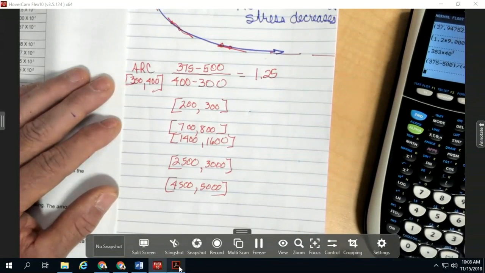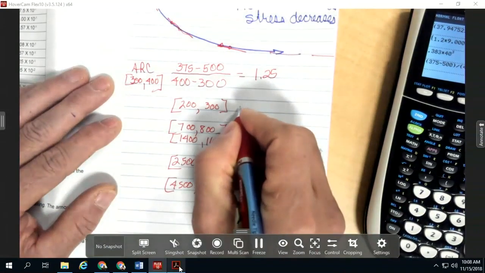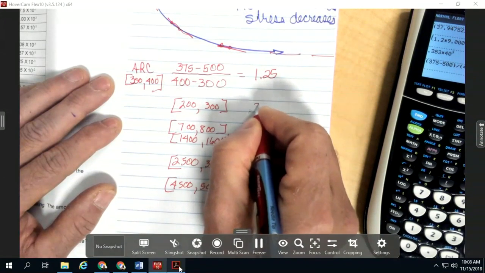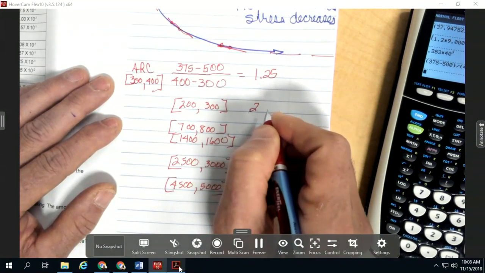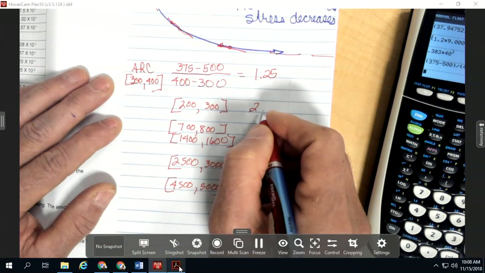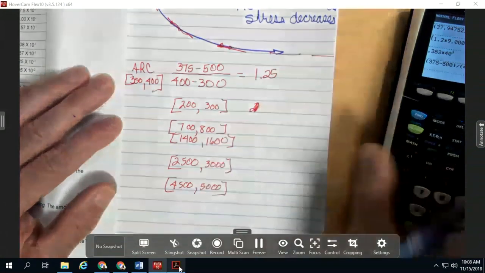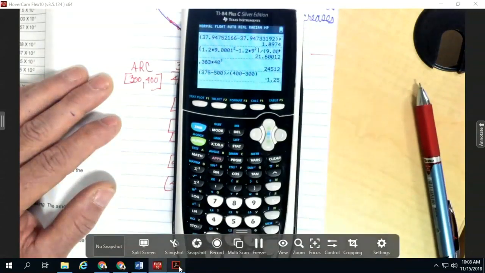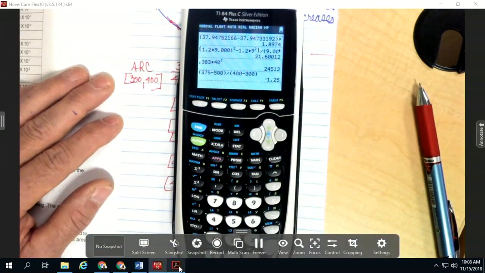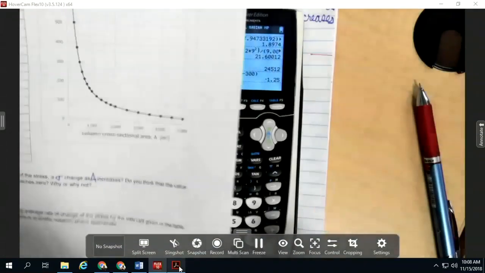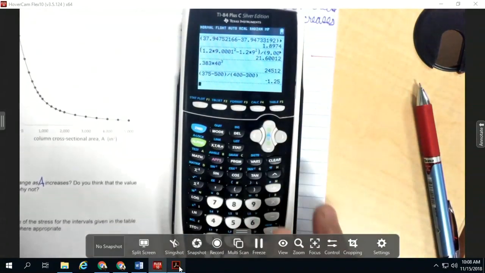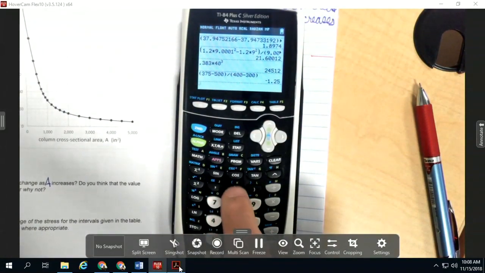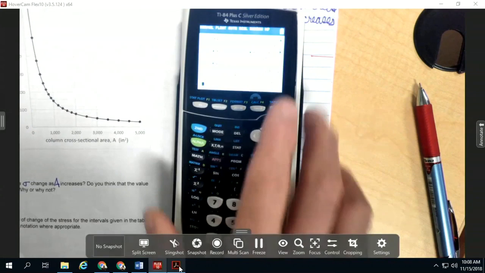Anybody have any answers to report? Yeah, for 200 to 300 it was 2,500. Nope, that's not right. What was the math that you did on your calculator? Took 750,000 minus 500,000 over 300.